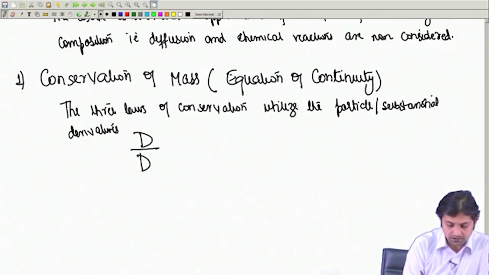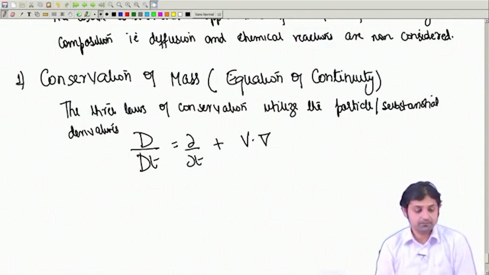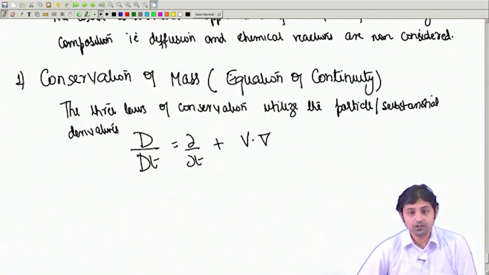That is, d/dt is equal to del/del t plus the convective terms. So this is what we utilize.